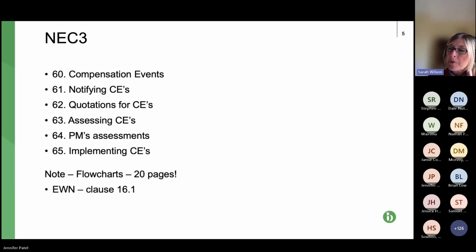The final one I want to mention is CE 18, so that's clause 60.118, and that's simply a CE where the employer is in breach of contract, where it's not one of the other compensation events. And I'm going to come back to that.